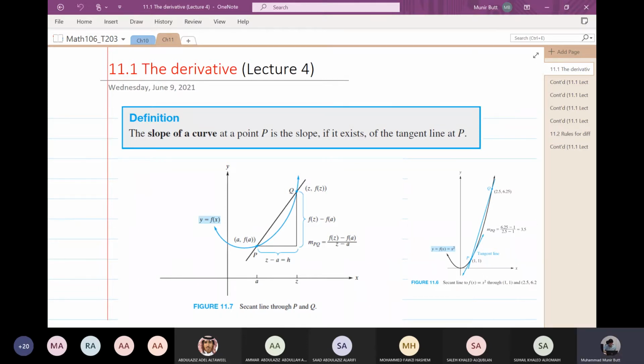Okay, so before we start the concept of derivative, we need the notion of the slope of a curve.